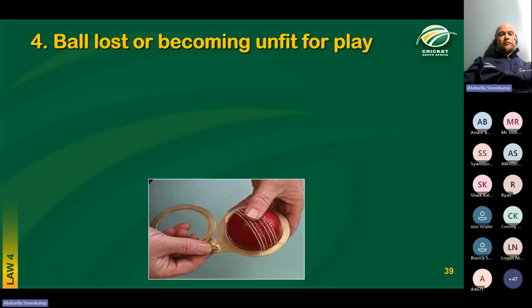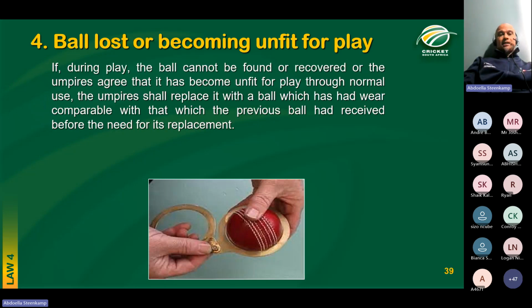So what happens if a ball becomes lost or becomes unfit for play? The law guides us here by telling us. So let's start with the lost ball. Let's say a ball gets hit out the stadium, out the park, gone. So how do you choose a replacement ball? Law guides us. The replacement ball that you need to choose is that the ball needs to have comparable wear to which the previous ball had received before the need for its replacement.